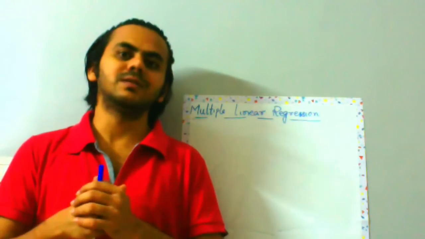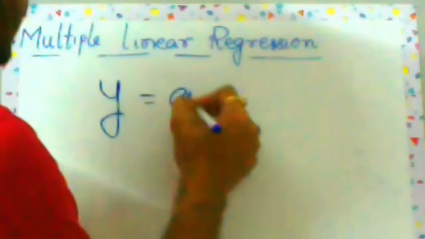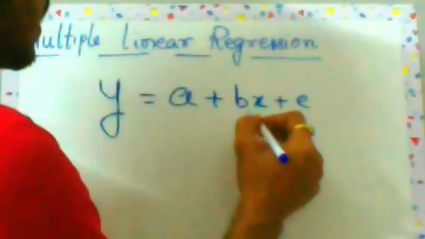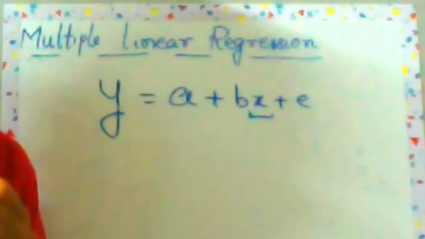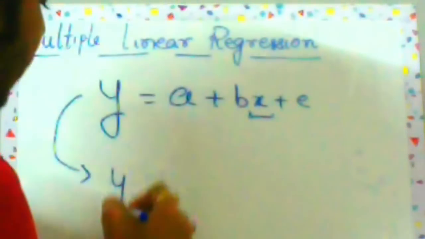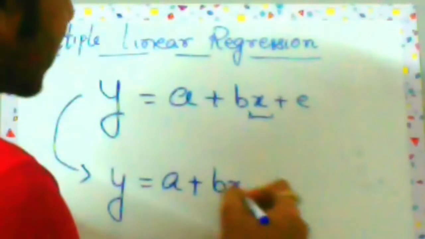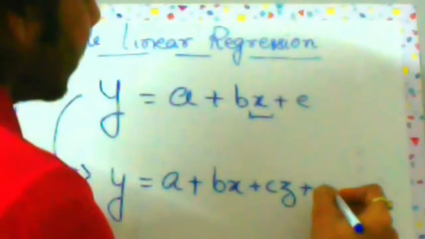So in place of y is equal to a plus bx plus e, where x is your independent variable, we will be moving on to a model in which we have y is equal to a plus bx plus cz plus e.